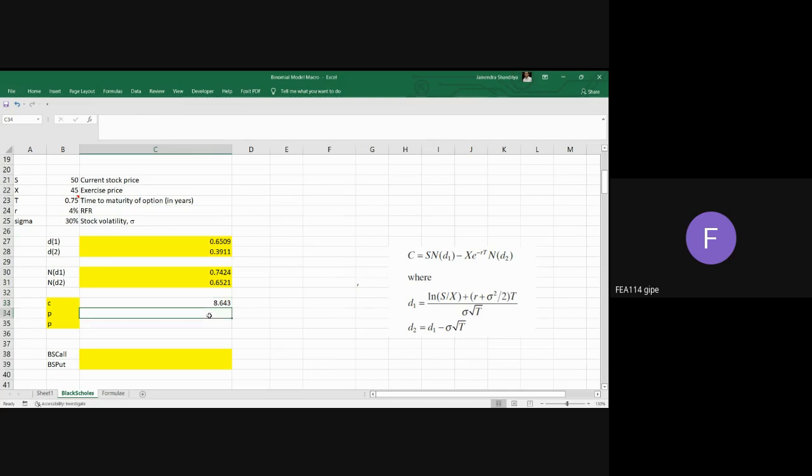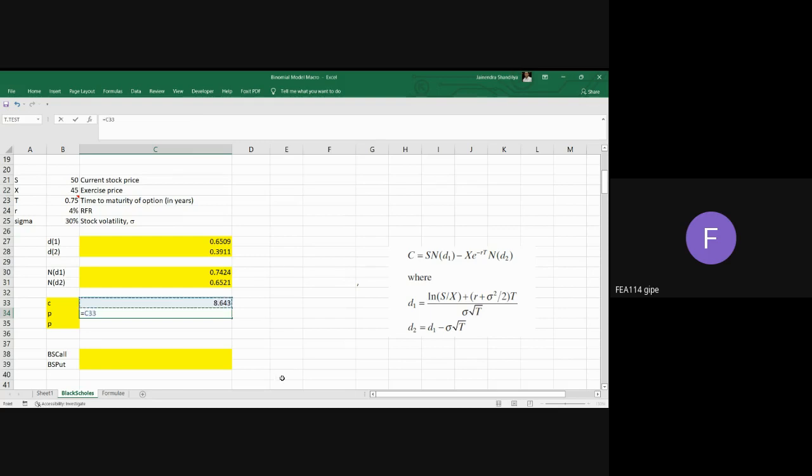Now I can calculate the put option pricing in two ways. One is put call parity, the other is directly using the Black-Scholes model.